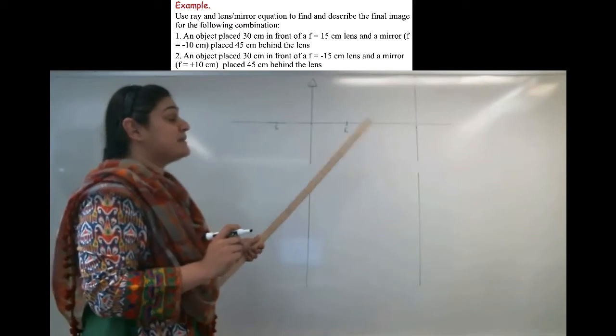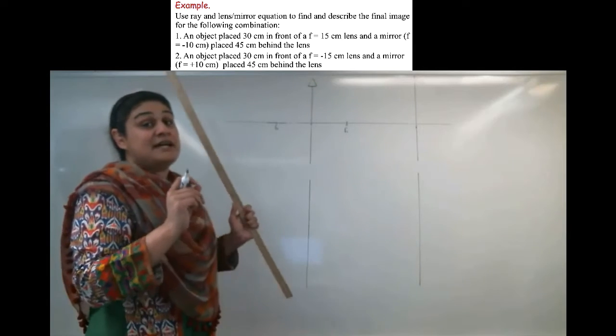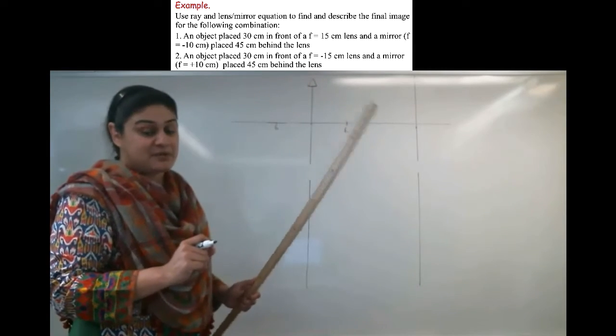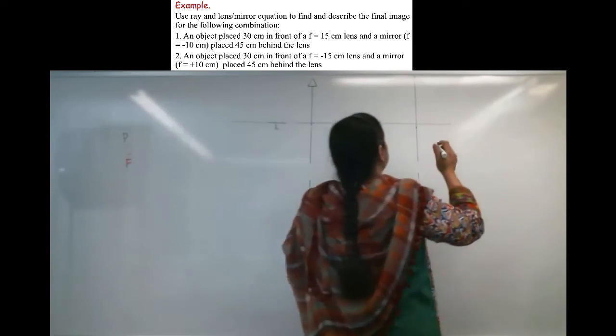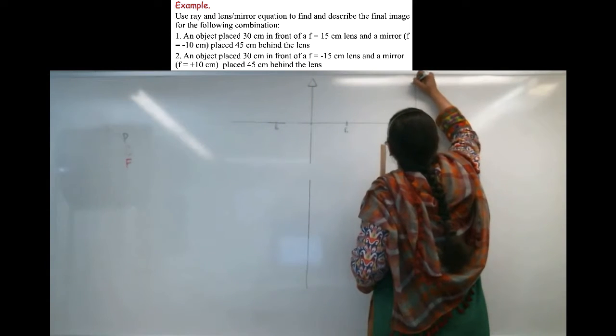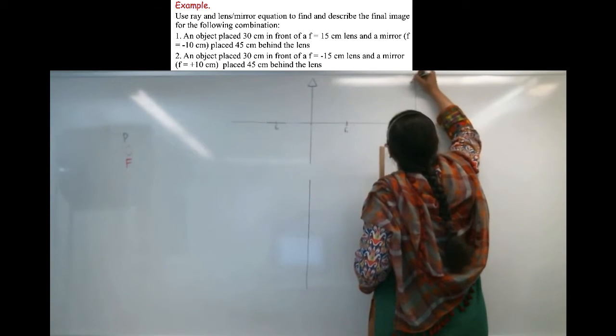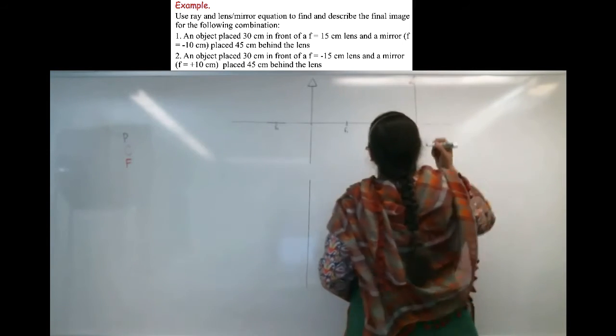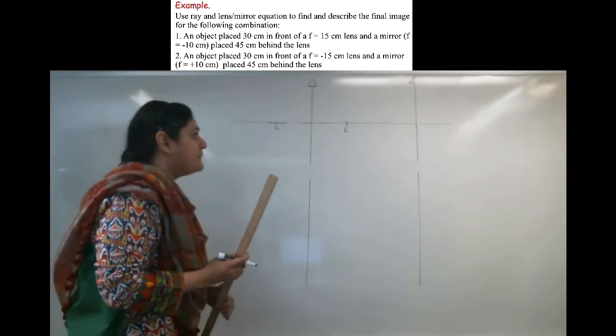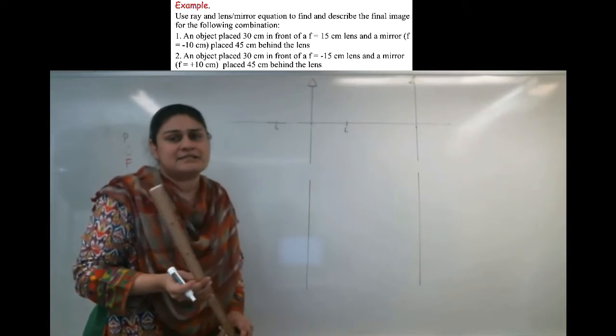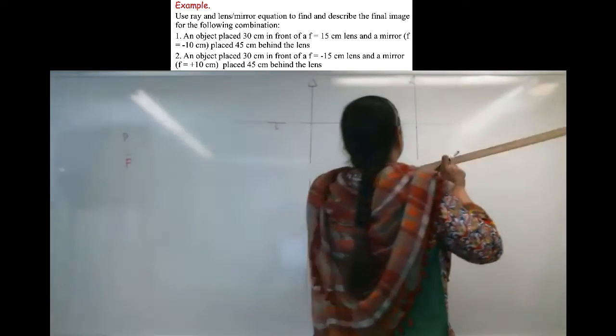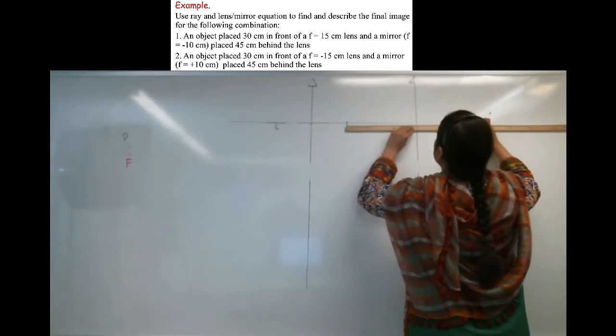And this one, for question number one, is a negative mirror, right? So how do I draw a negative mirror? This is how I draw a negative mirror. Okay, what next? It says it has 10 centimeters, so the focal length for this one is 10 centimeters.